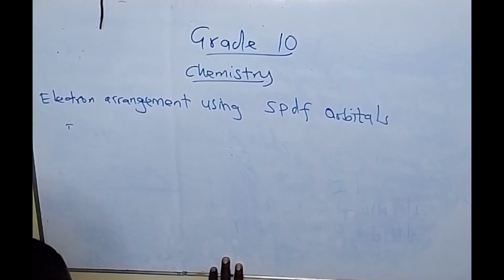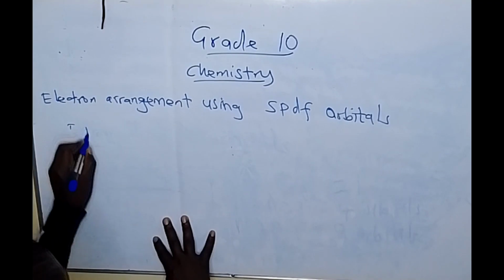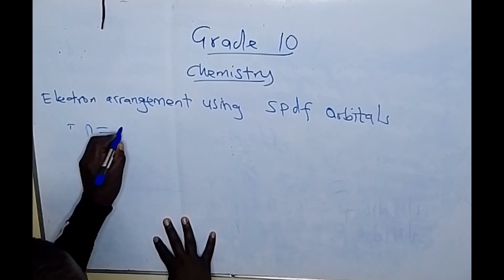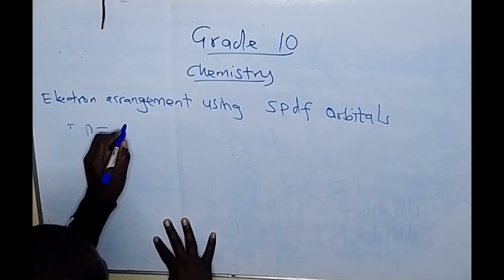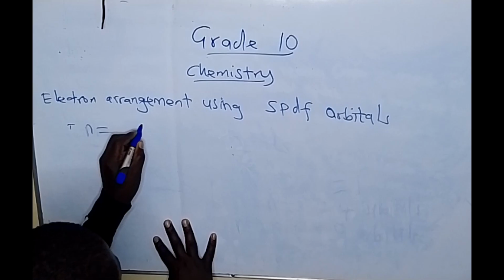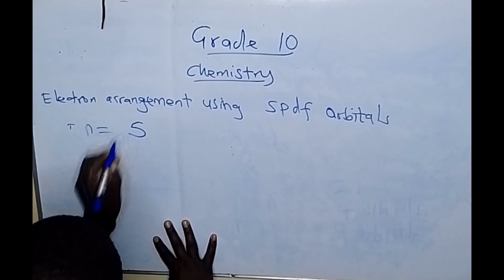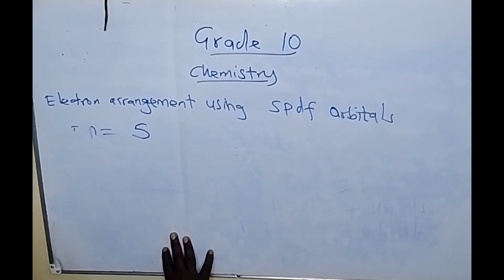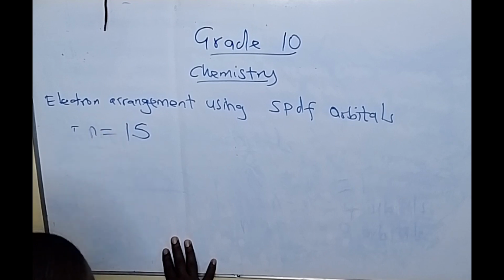When n equals 1, we have only one orbital, and that orbital is represented by s. That orbital is named 1s.